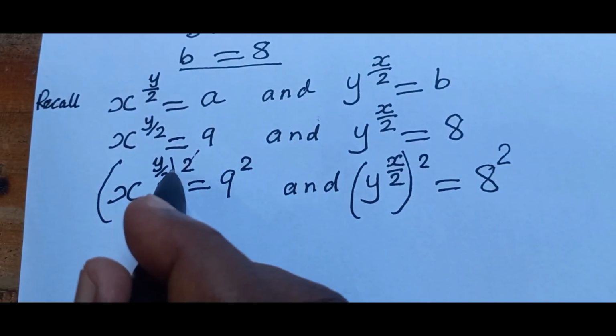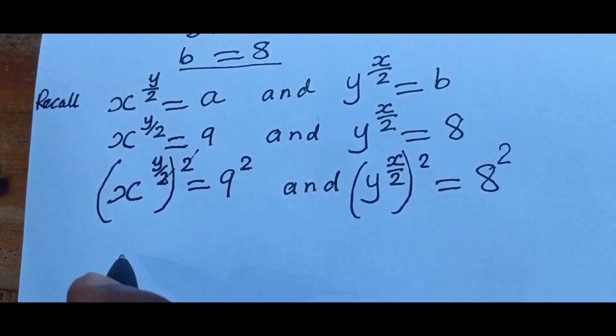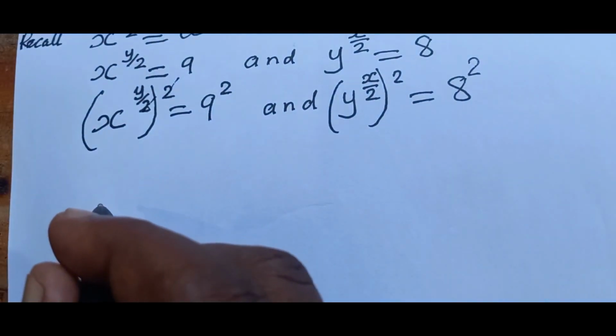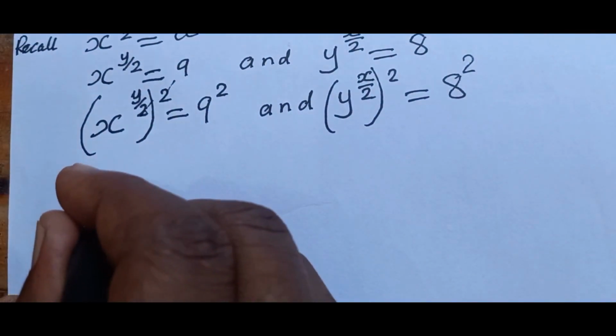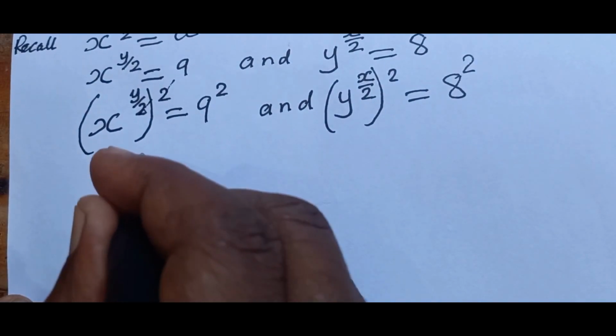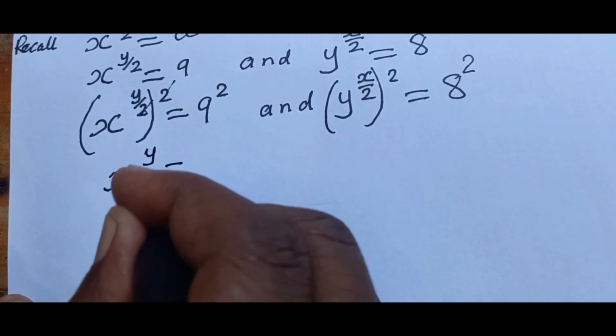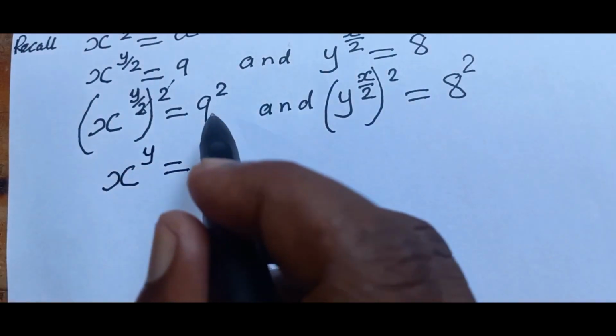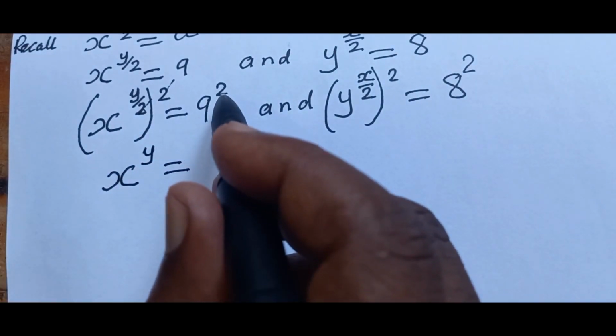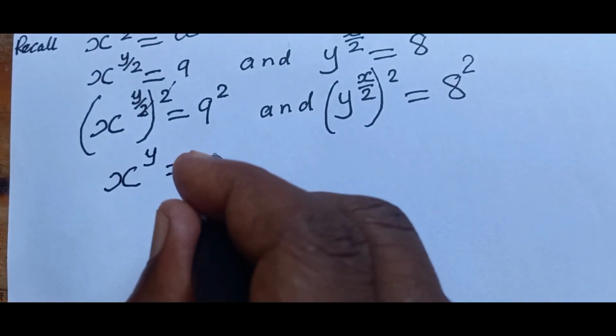This 2 cancels this one, so we'll remain with x raised to power y equals to 9 raised to power 2. This is 9 times 9, which is 81.